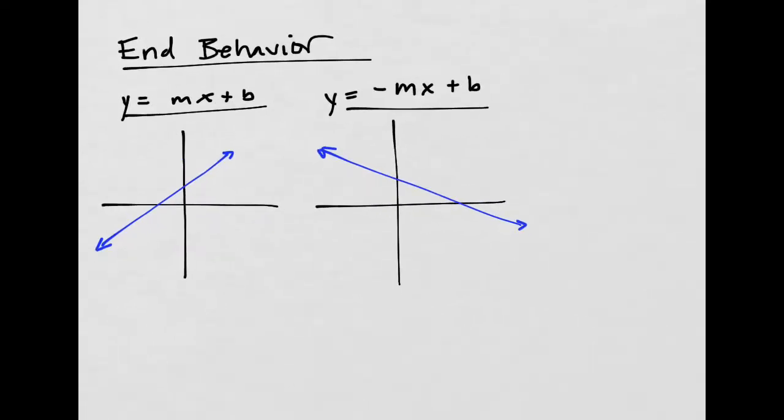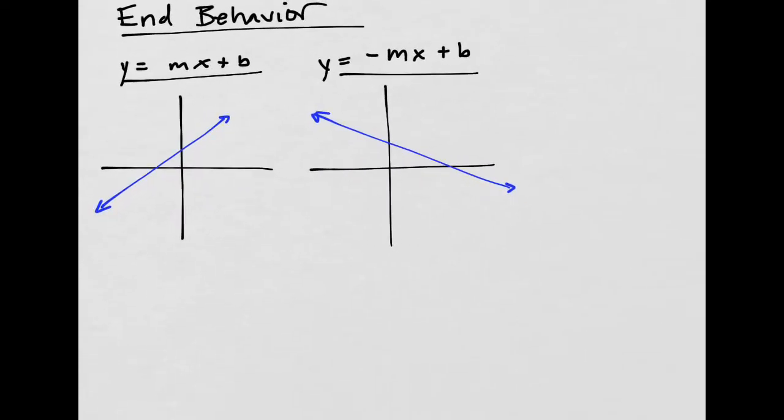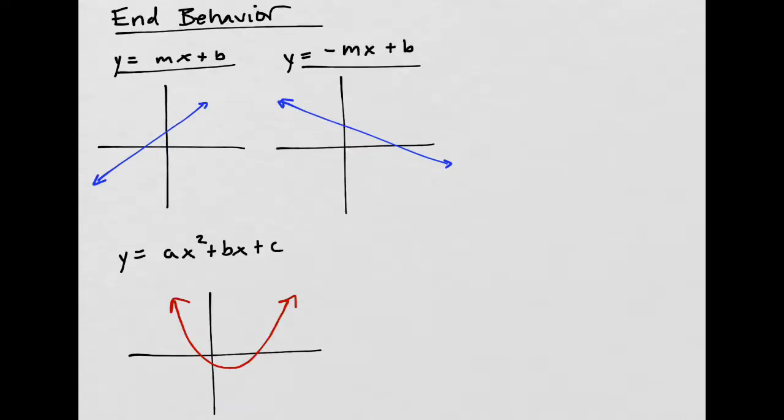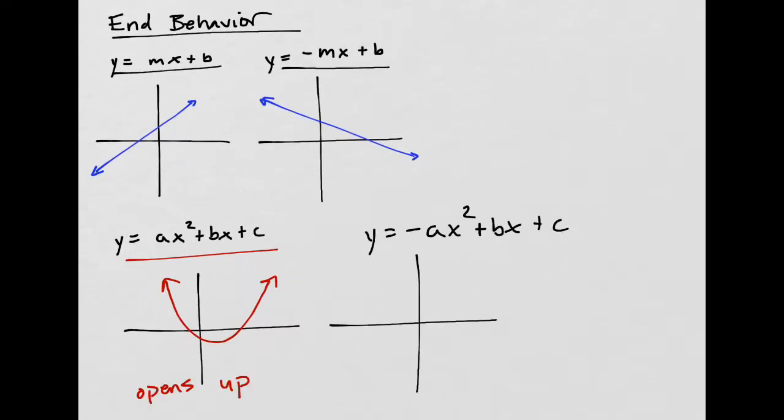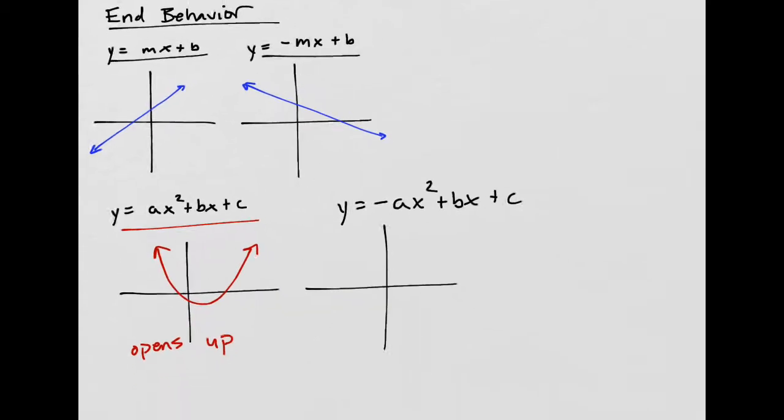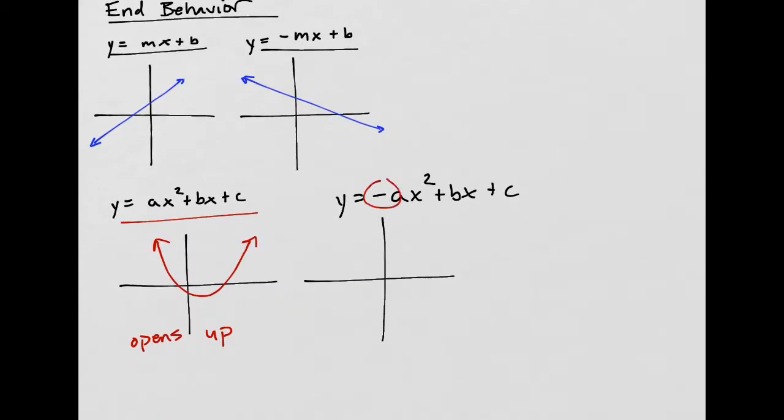And then let's look at parabolas. Recall, if you have a parabola with a positive leading coefficient, then it opens up. And if you have a parabola with a negative leading coefficient, it opens down.